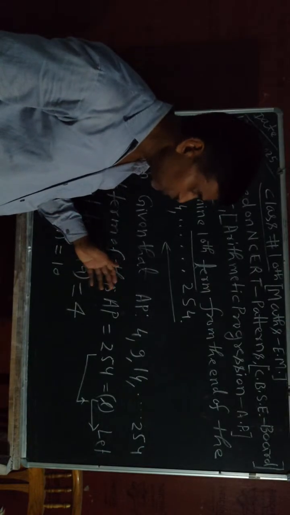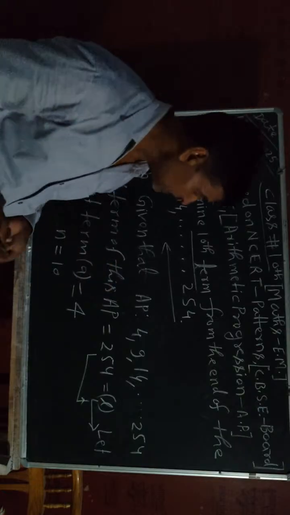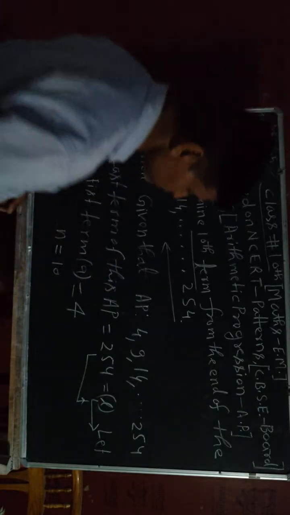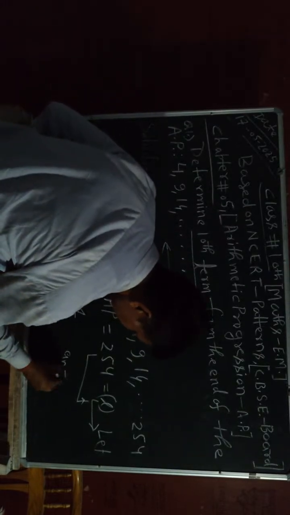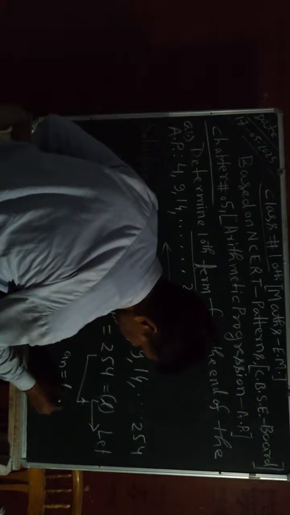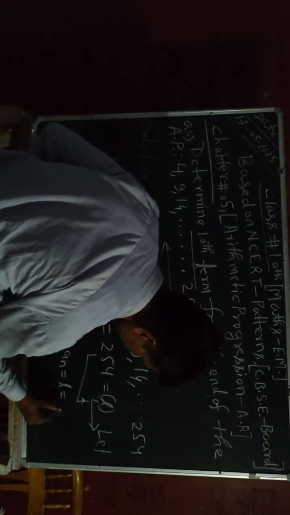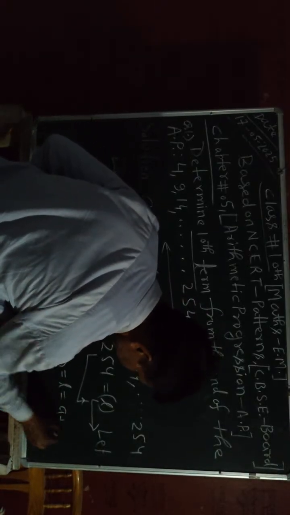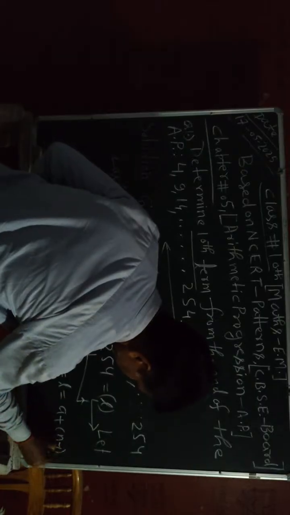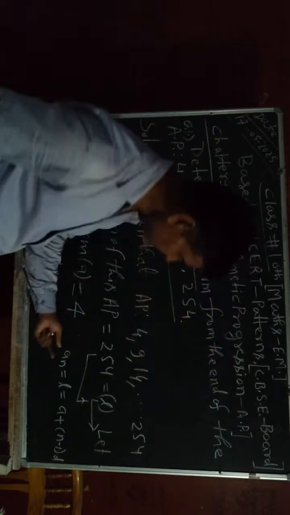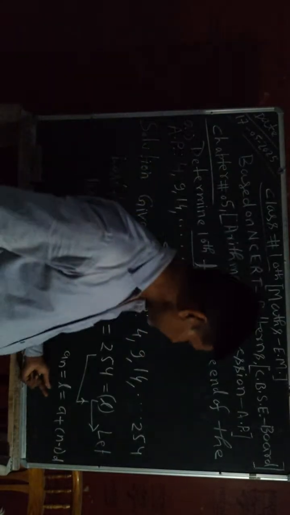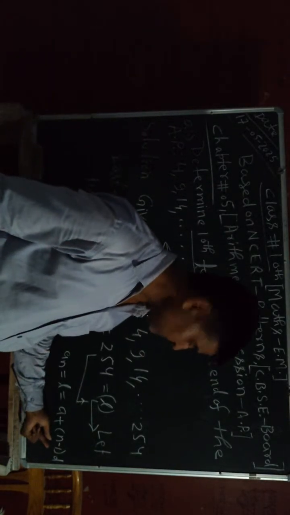Okay, student. So all the information is given, and I have noted it here. Then we will use the appropriate formula for calculating its value. That appropriate formula, the nth term, is also written as a_n, and its value is a plus n minus 1 into d.